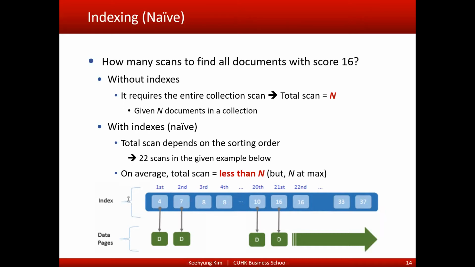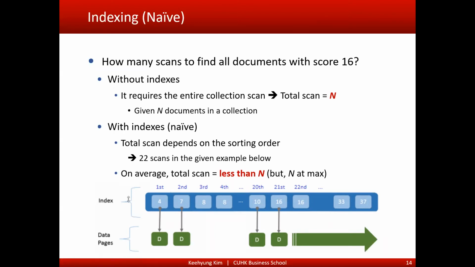And if we have a simple index like this, as shown below here, where we keep age information and keep this index sorted, then we don't need to scan all the documents. We simply scan until we have an age bigger than 16. For example, we look at the first document and the age is 4, lower than 16.